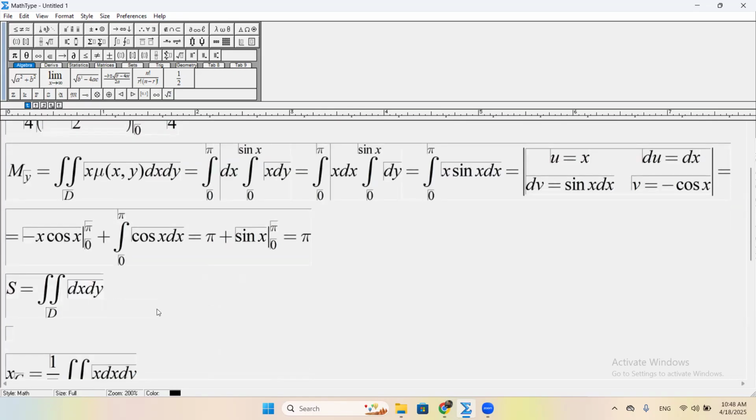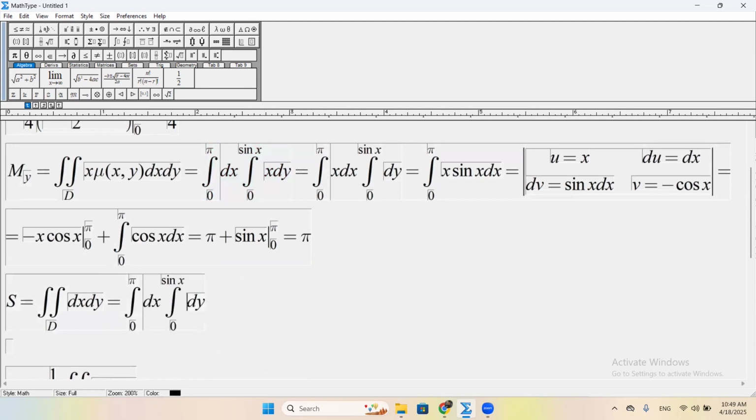We integrate 1, so it will be the integral of sine of x dx, and the result, the antiderivative, is minus cosine of x from 0 to p.